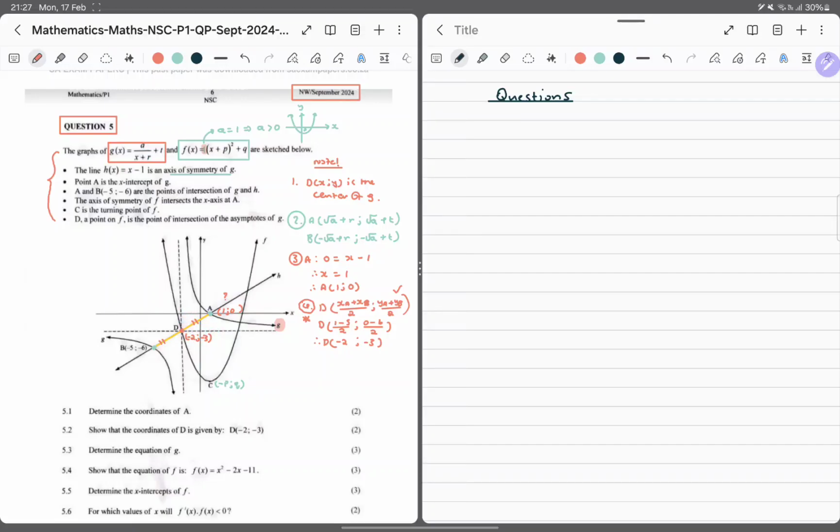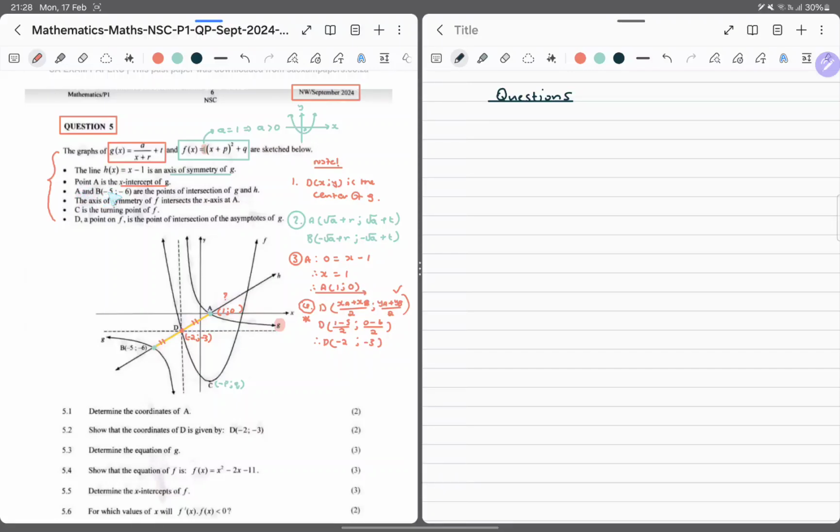we have some step to go now, because from here we can use point B, which was given, to find the equation of G. So we can sort that out now safely. And on top of that, we need to read further. Now, point A is the x-intercept of G, and it is also the x-intercept of H, and hence we were able to use that fact to solve for the coordinates, okay?